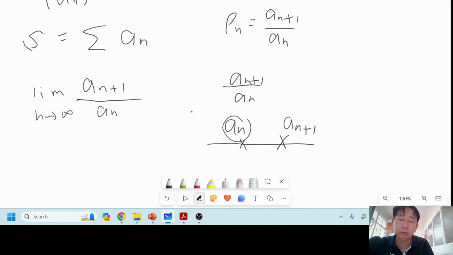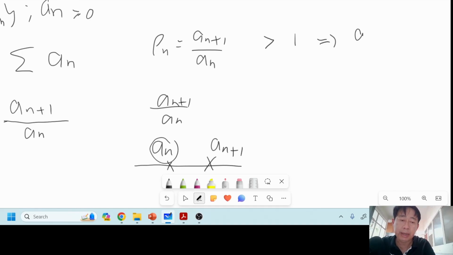If this ratio is, say, larger than 1, this means a_(n+1), the term that is next to a_n, is always larger than the term a_n.